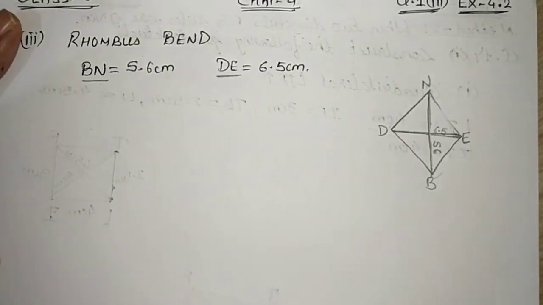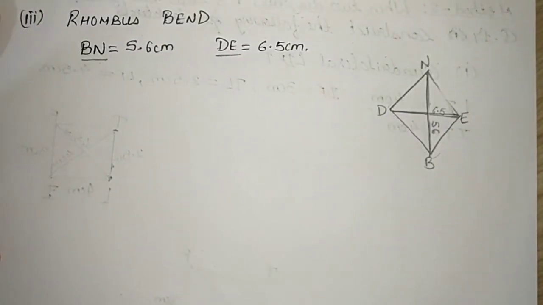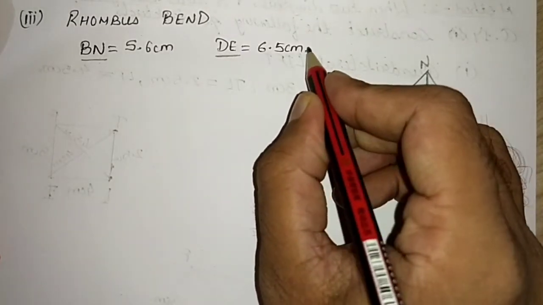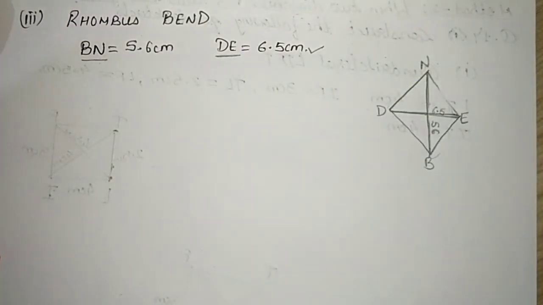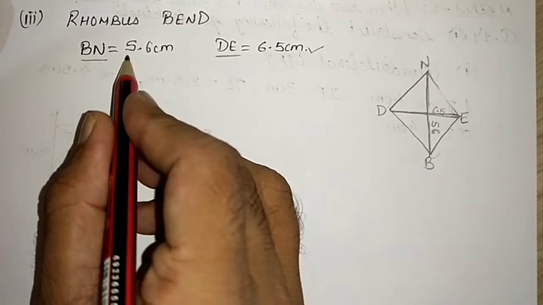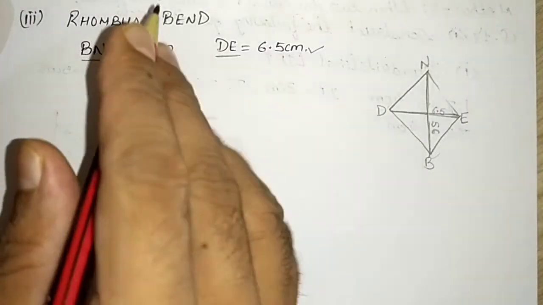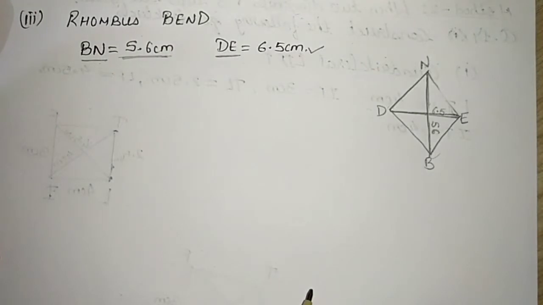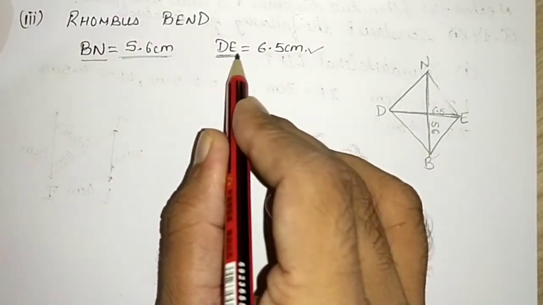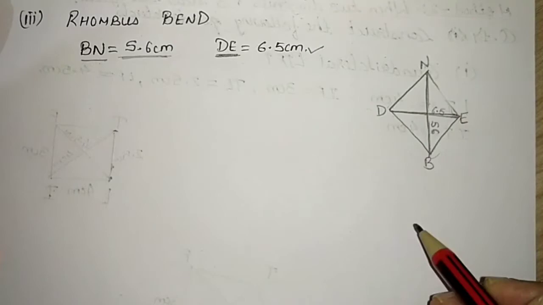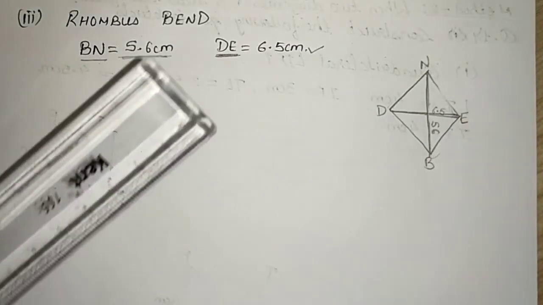Starting with the diagonals, I suggest that you take 6.5 centimeter because 5.6 can be easily divided. Why we want to divide, I will tell you later on. Take the base DE as 6.5 with the scale.